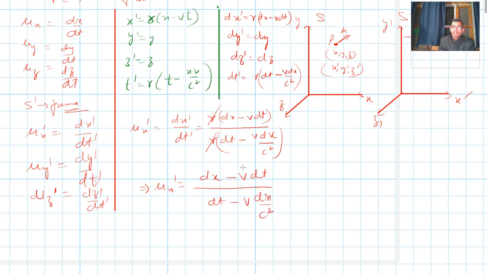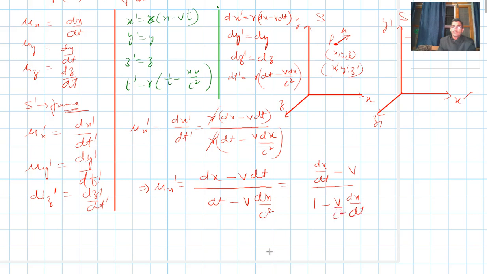Dividing both sides by dt, it will become dx over dt minus v, whole upon 1 minus v times dx over dt over c square.